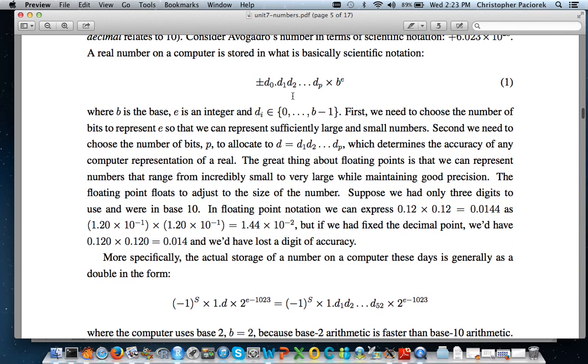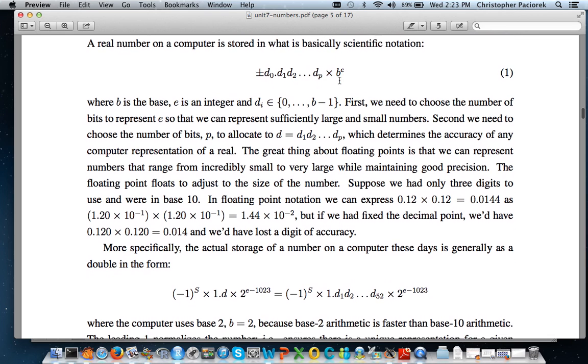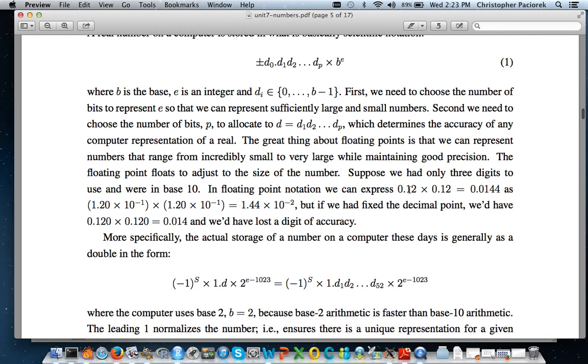But the nice thing I want to point out about representing numbers like this is there's a lot of power that comes from being able to change what exponent we're raising things to. Because of the following example. Suppose I was going to work in base 10 and I only had 3 decimal places that I could work with.